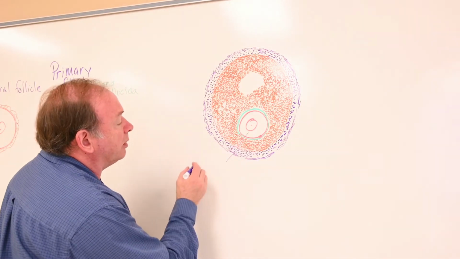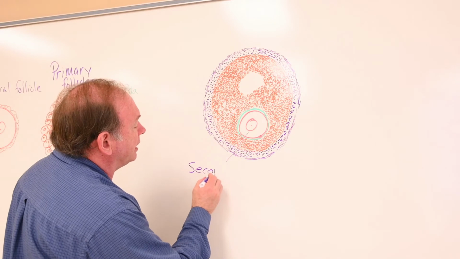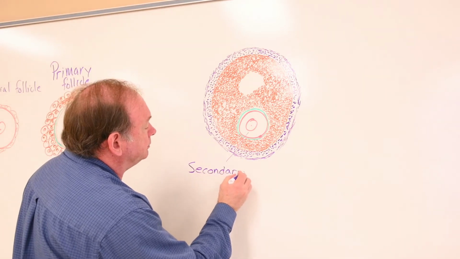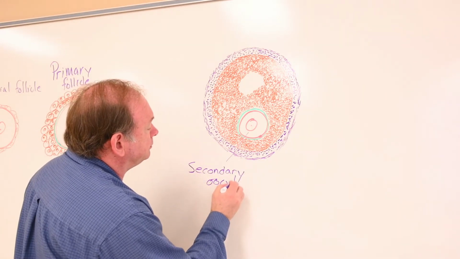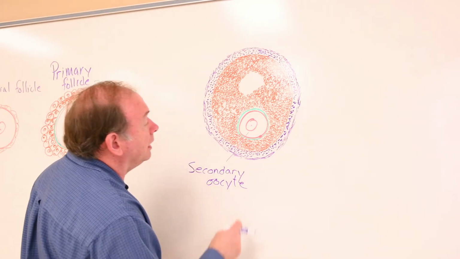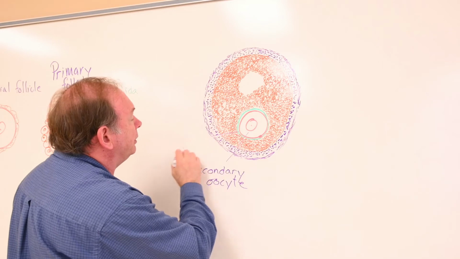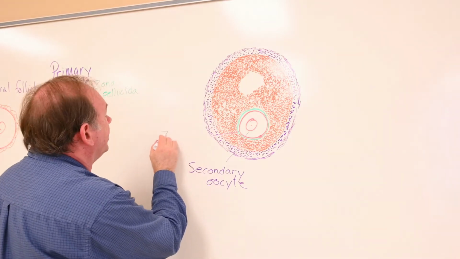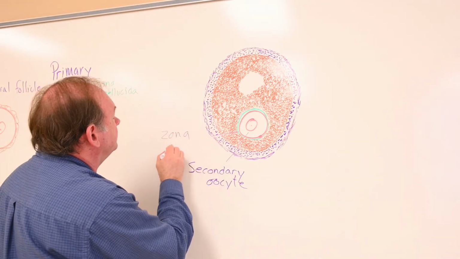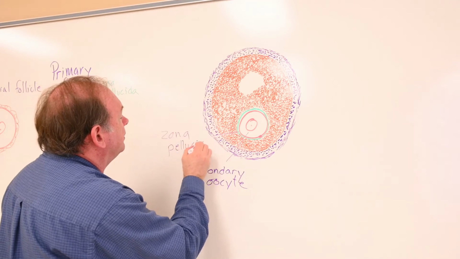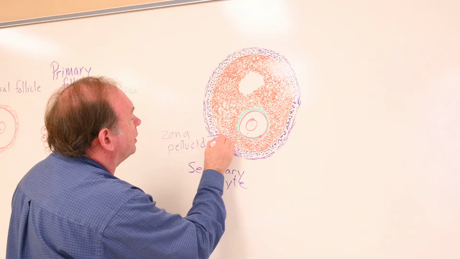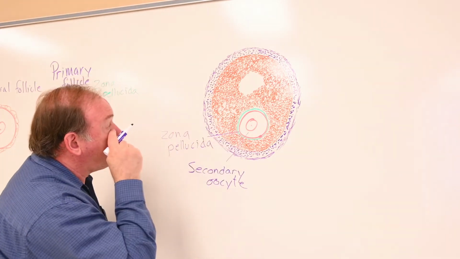So now we have right here, instead of a primary oocyte, a secondary oocyte. Outside of that, we have the green zone that is still the zona pellucida. Zona pellucida, the green line.